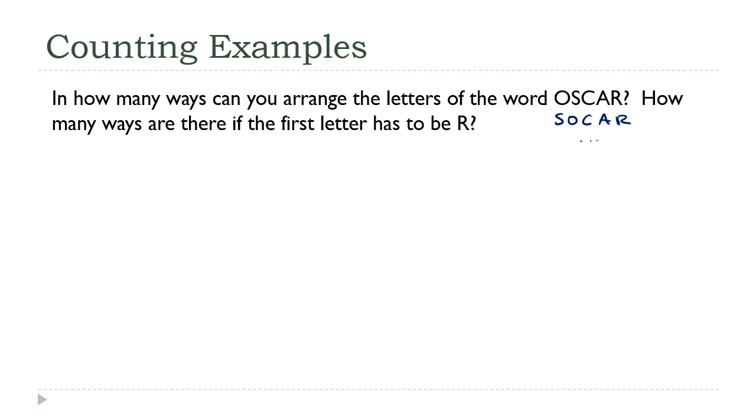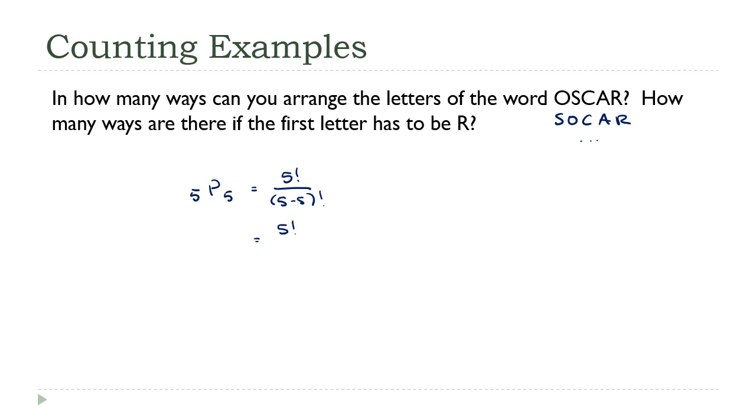So I have 5 things, and I'm looking for 5-permutations, right? Because I'm arranging all of the letters. So what I'm looking for here is 5P5, which our formula says is 5 factorial over (5 minus 5) factorial.